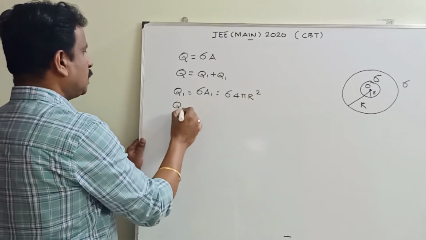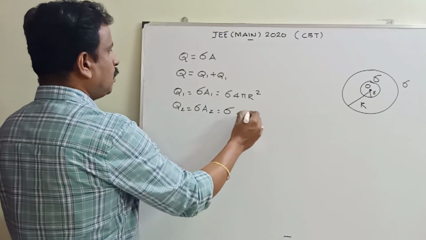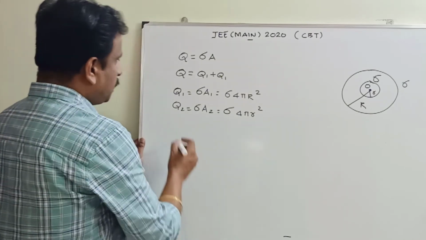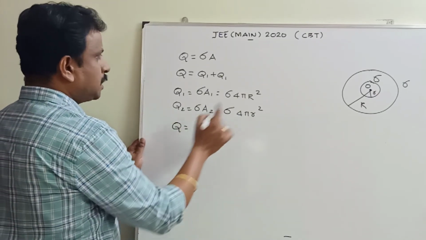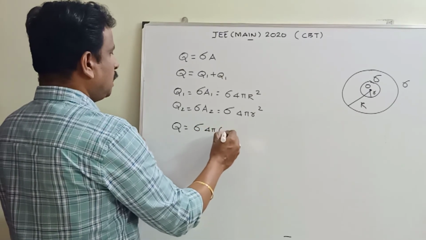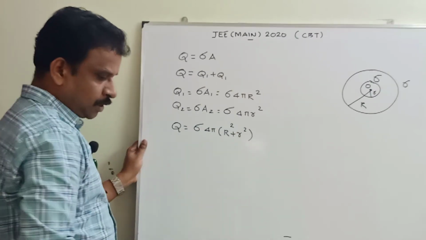And what is q2? q2 is sigma a2, which will be equal to sigma into 4 pi into small r square. Therefore, the total charge on the system is sigma into 4 pi into capital R square plus small r square. This is your total charge.